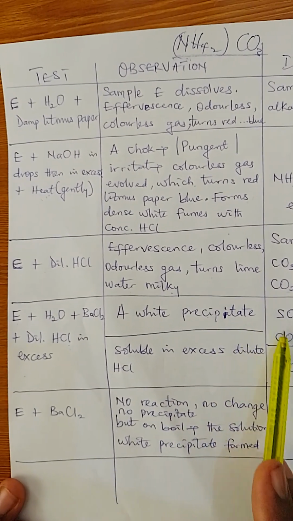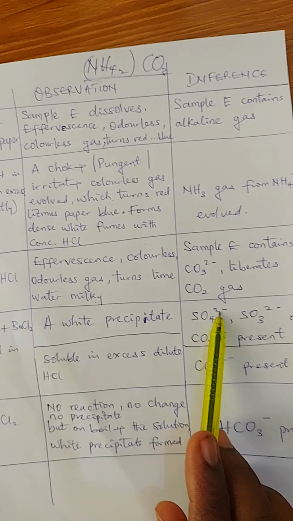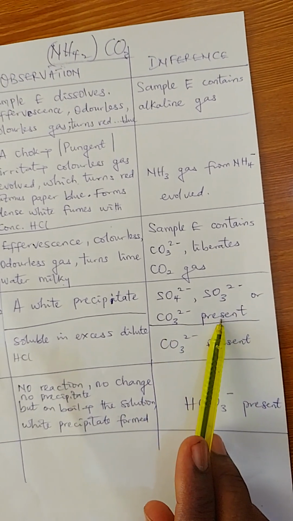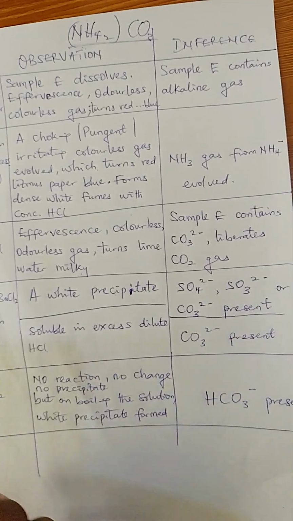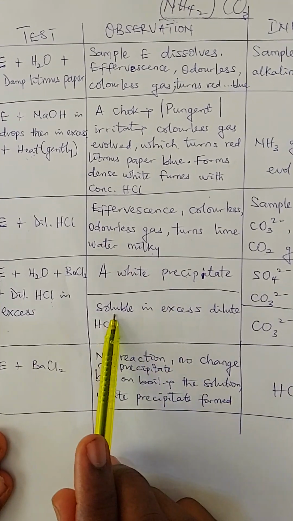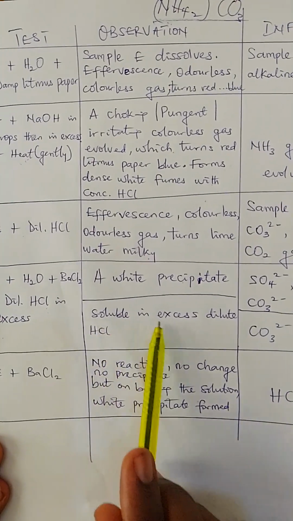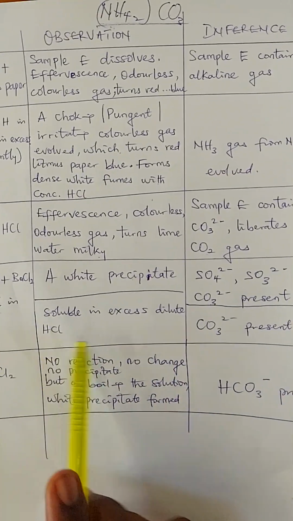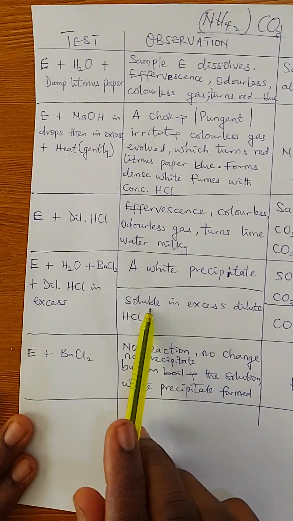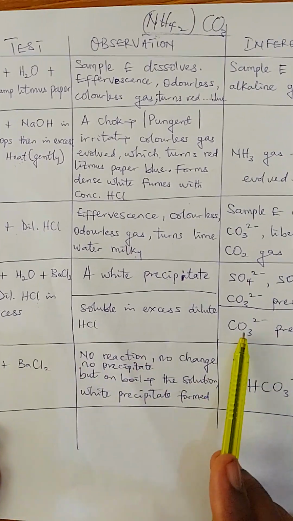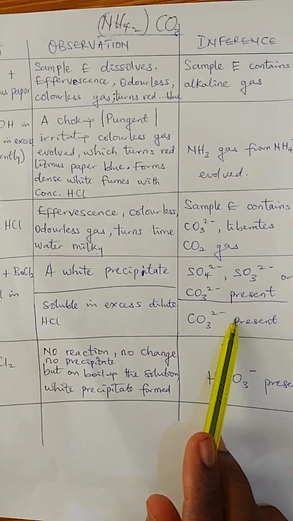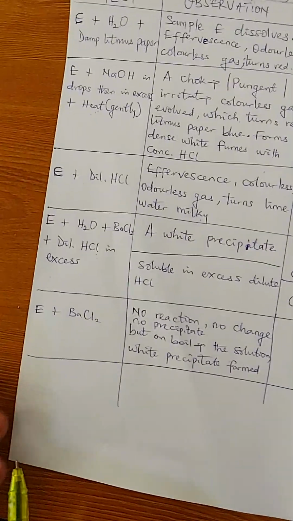That means that SO4 2-, SO3 2-, or CO3 2- is present. Now, when you add your dilute HCl in excess, that precipitate will dissolve. So that means soluble in excess dilute HCl. And when such a white precipitate dissolves in excess dilute HCl, it only confirms the presence of CO3 2-. Are we together? I hope you are following.